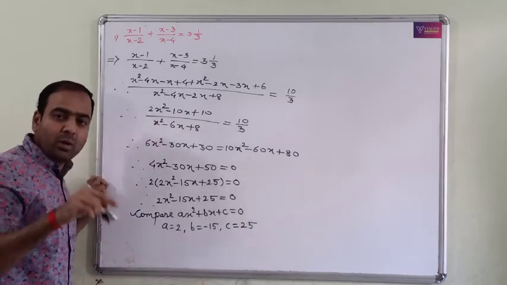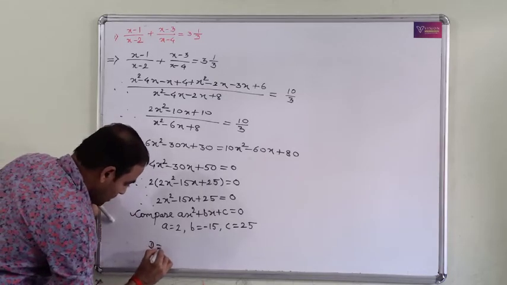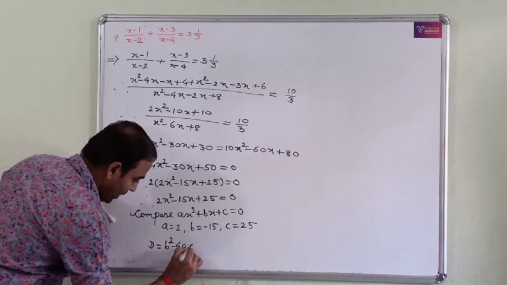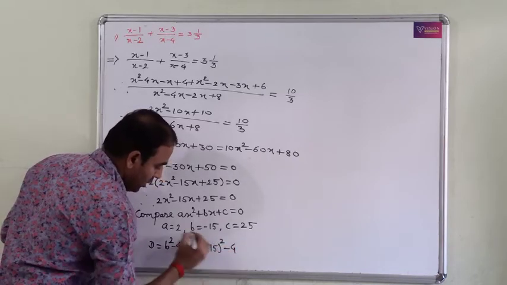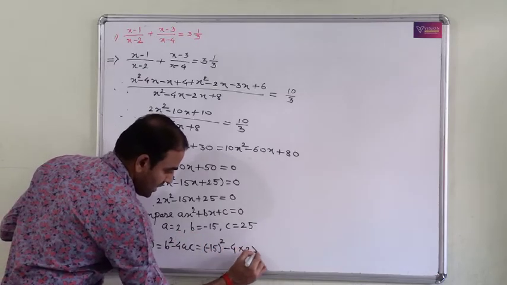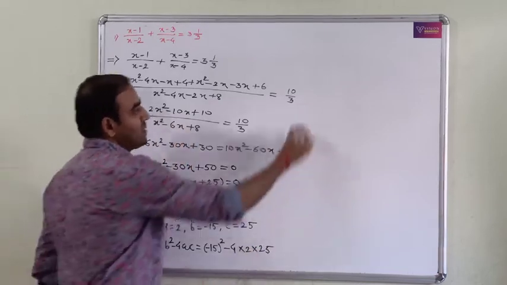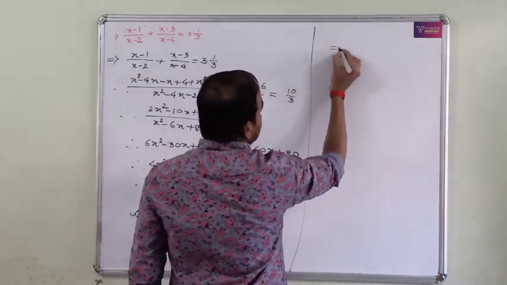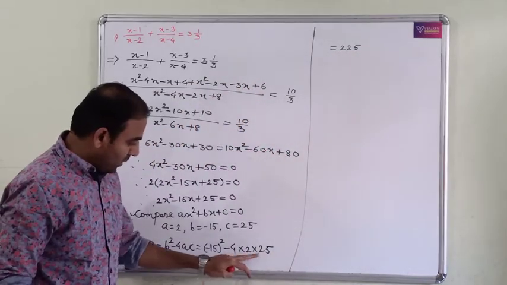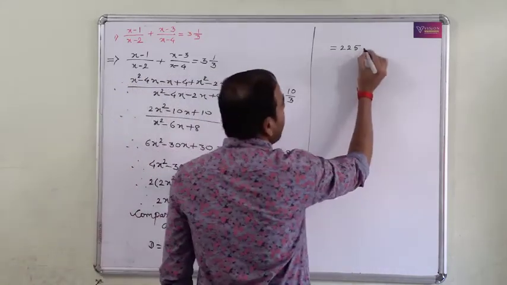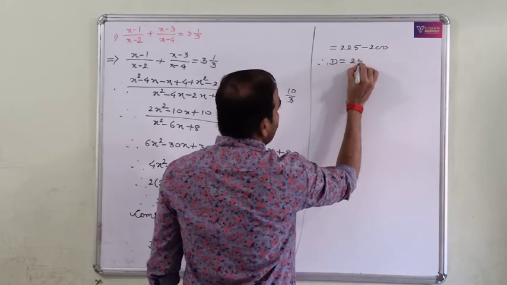Now first of all we have to find the value of b square minus 4ac, that is D. D is equal to b square minus 4ac, that is minus 15 square minus 4 into a, which is 2, and c, which is 25. Minus 15 square is 225, minus 4 2s are 8, 25 8s are 200. So we get D is equal to 25.